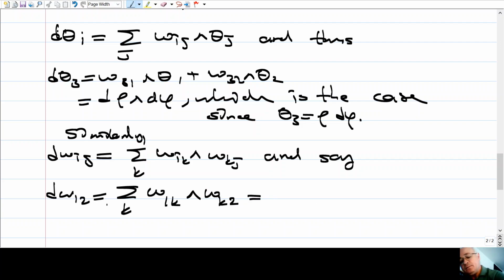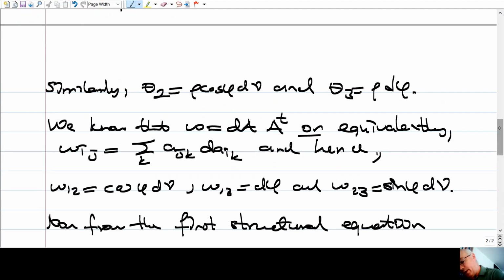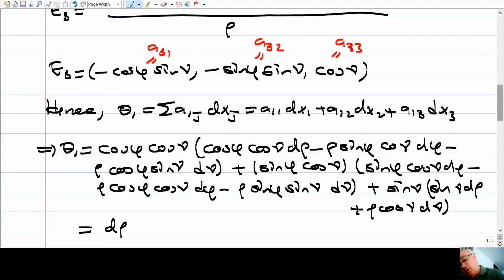So what is this? Omega 1 1 is 0, omega 2 2 is 0. Therefore, we have only one non-zero term, for k equals 3. So this is just omega 1 3 wedge omega 3 2. And we had computed the omega ij's above.